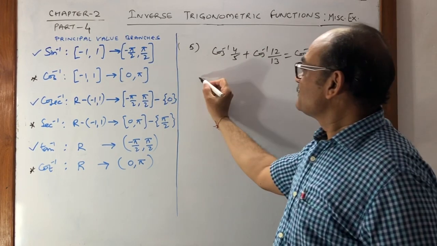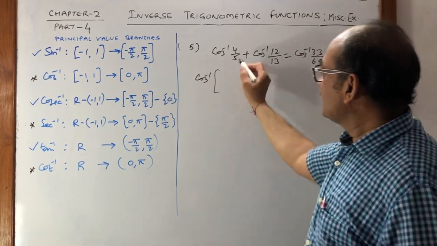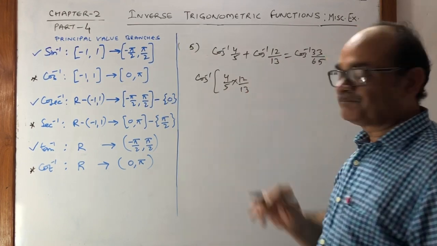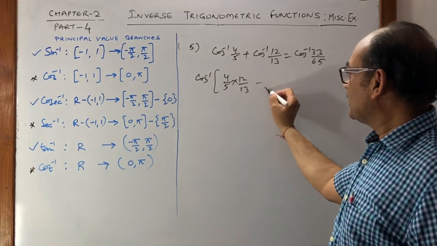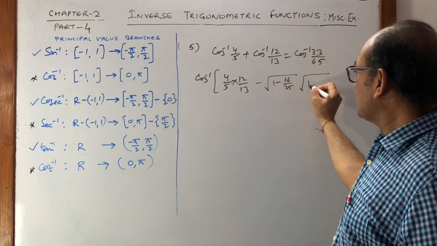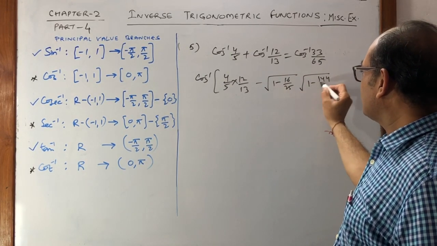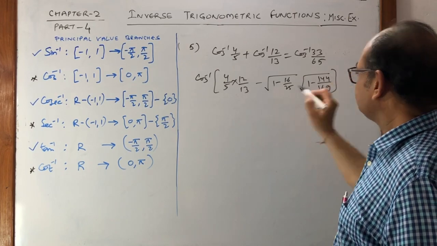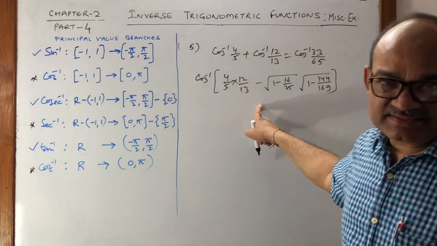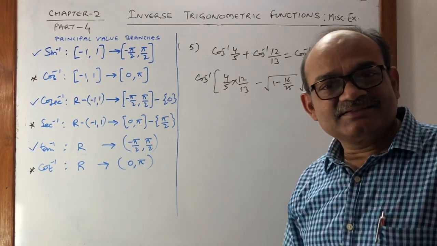Now substitute into cos inverse of xy minus root 1 minus x square and root 1 minus y square.